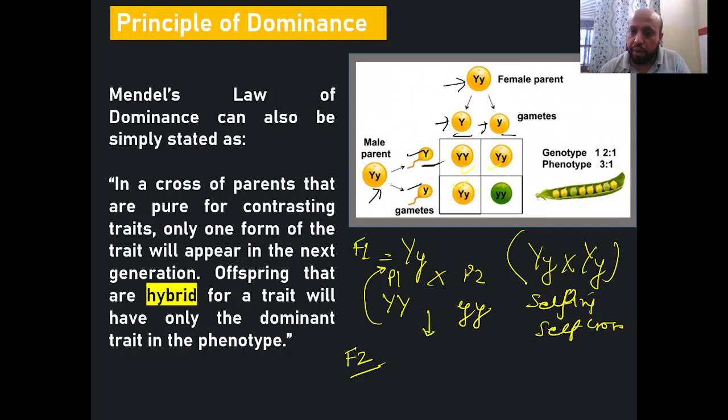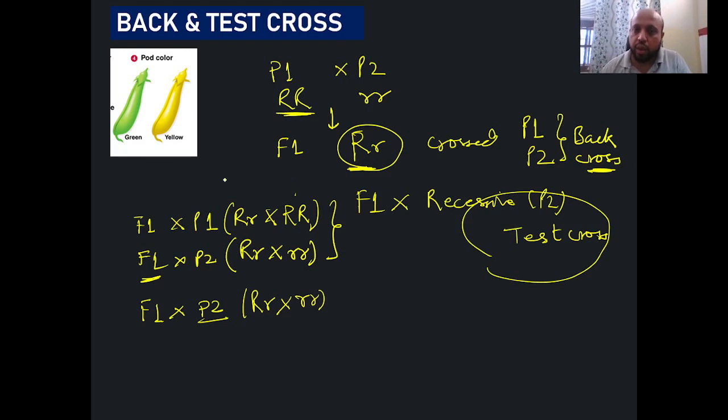Phenotypically they will appear as yellow, and one plant's seed color appears to be green. Now coming back to explain this in the same example: if we make a cross of a round seed shape plant, initially in F1 we find that all of them are round.